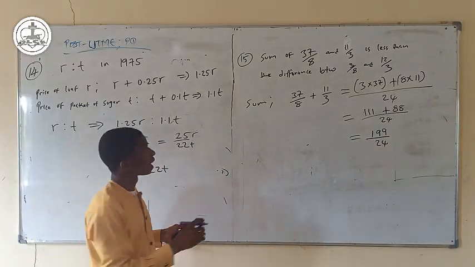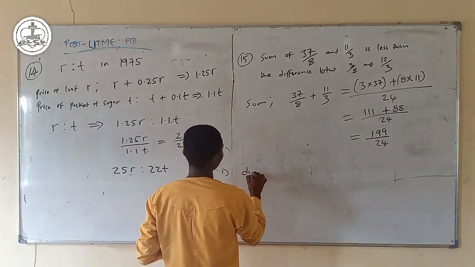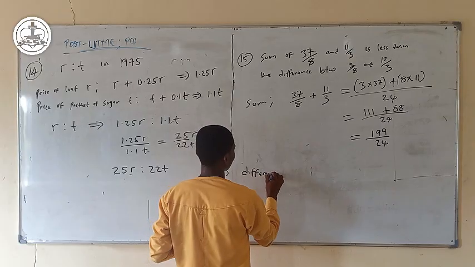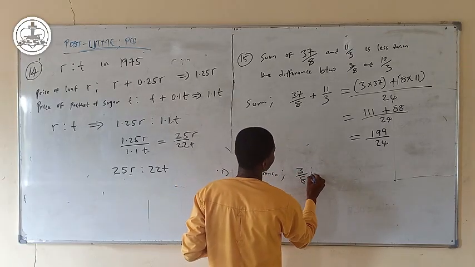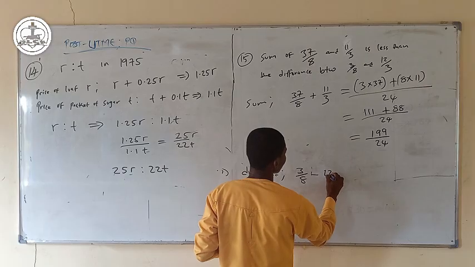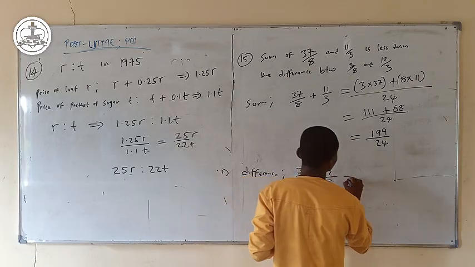Right. Now for our difference. We have 3 over 8 subtracting 12 over 3.